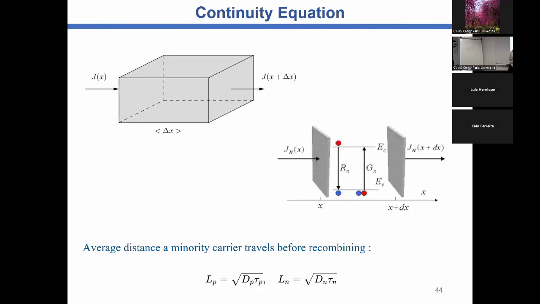So to know how thick we can make it to avoid recombination, and to have just the transportation of charge, we must also know the recombination length of the carrier in your material.